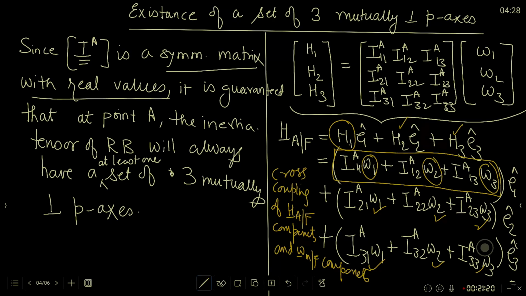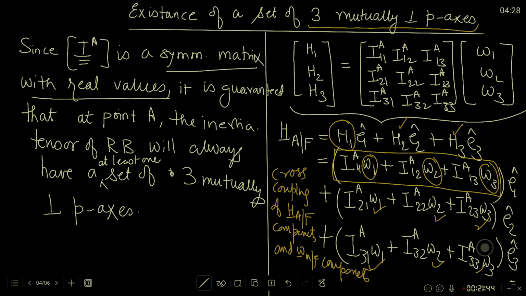Now you consider the scenario that somehow I am able to find a set of three mutually perpendicular p-axes of inertia at point A, and I use those three axes to be the axis of my Cartesian coordinate system.